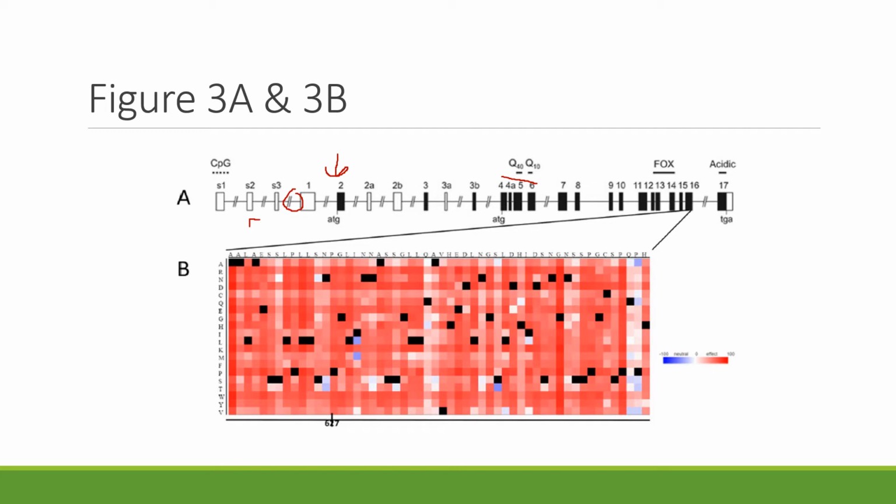Also shown here are the domains of the foxp2 gene that is being coded for, and here we can see the two polyglutamine tracks, which are indicated by the two hues, a zinc finger motif, the forkhead domain as indicated with FOX, and an acidic C-terminus.